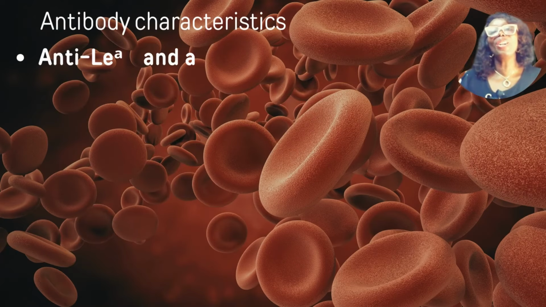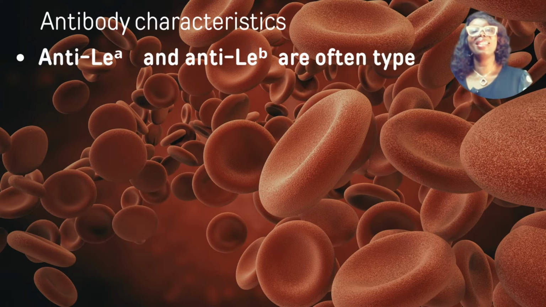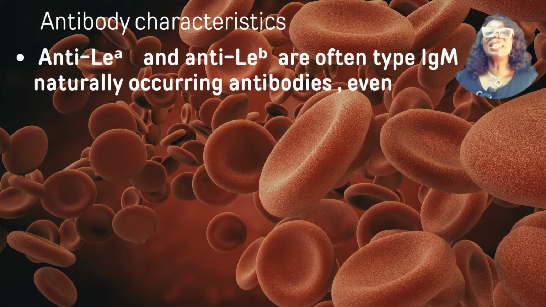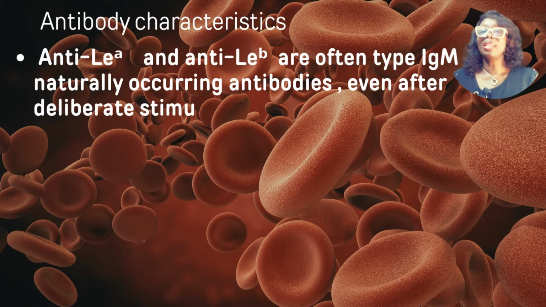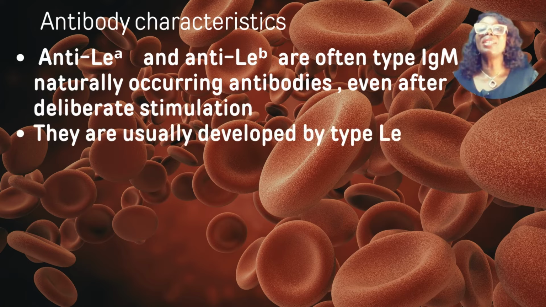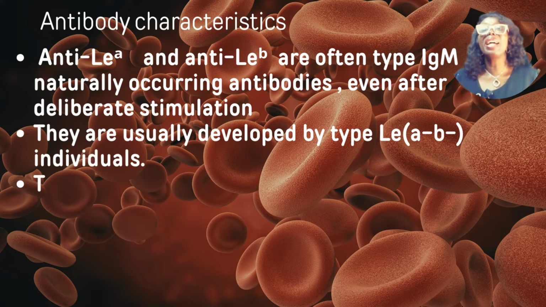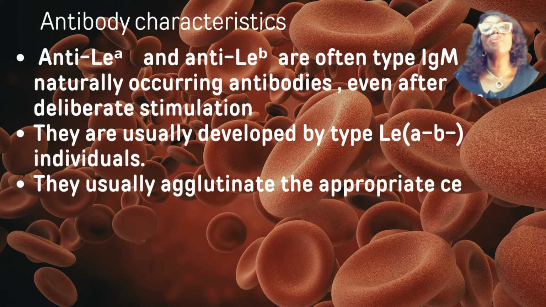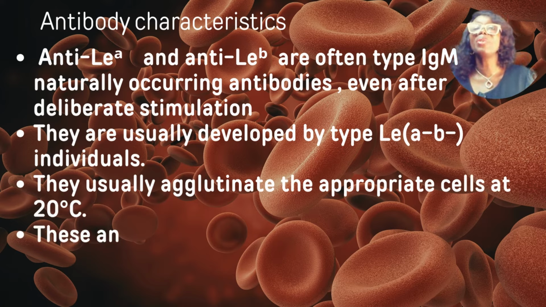Now, the nature of these antibodies, whether it is anti-Lewis A or anti-Lewis B, these antibodies are often IgM in nature. They are naturally occurring antibodies, even without deliberate stimulation. They are usually developed by individuals, like I said before, who are mostly Lewis A minus and Lewis B minus.